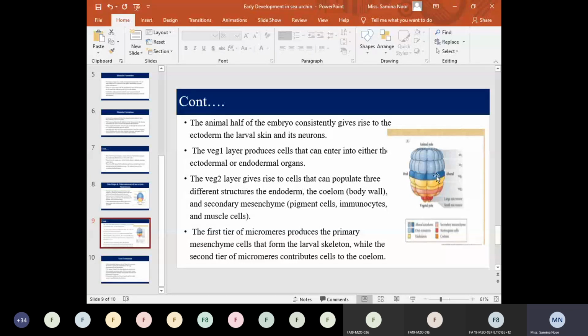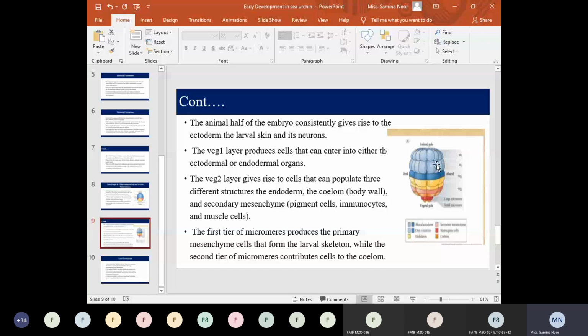As you can see in this figure, the top region is known as the animal pole. At the 16-cell stage, the animal pole divides into two layers, one known as AN1 and the second known as AN2. These AN1 and AN2 layers in future give rise to two structures: one is the larval skin and the second is the neuron.